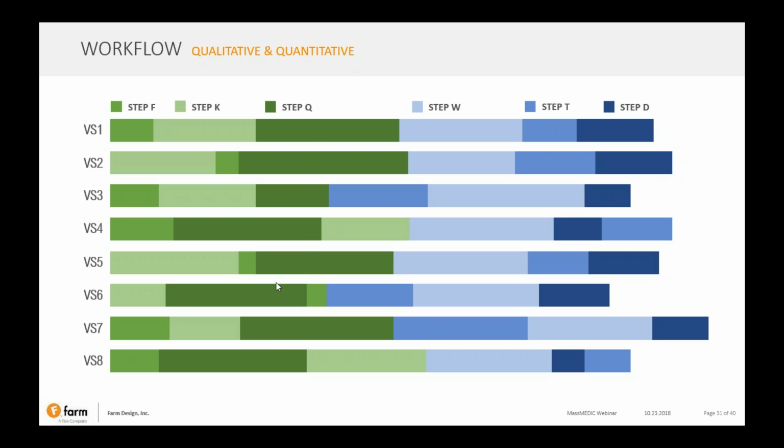I wouldn't recommend having a summary slide like this that had time in every single color across the board all at once, because that would get very hard to digest. So if you're talking about step Q and you want to focus on step Q, only label step Q. And again, that's just a way to keep your readers interested and focused.